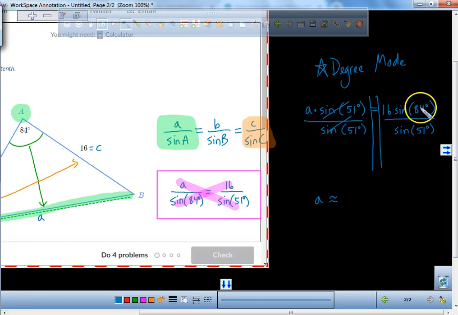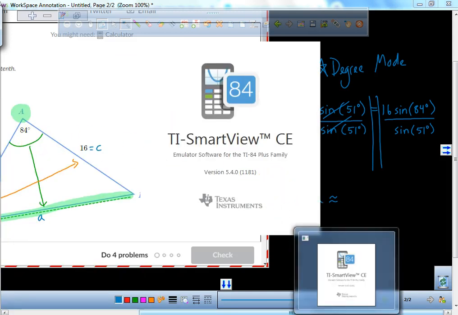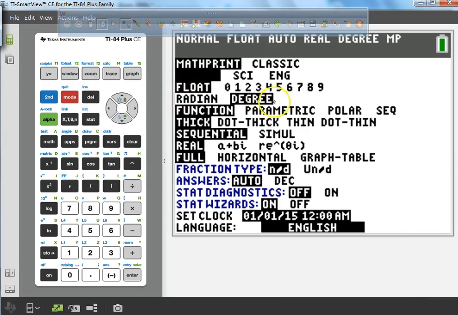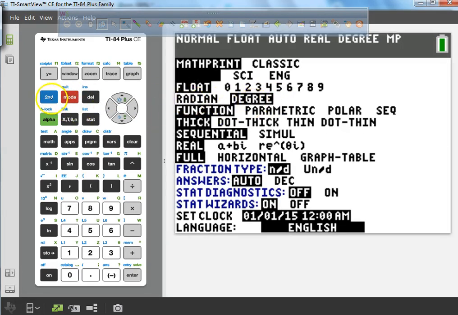If you don't know what implore means, it's like I beg you, I'm really stressing, put degree mode. Here we go, turning on my old graphing calculator. If you ever do second plus 7 1 2, that changes you to radian mode. Make sure you're in degree mode.